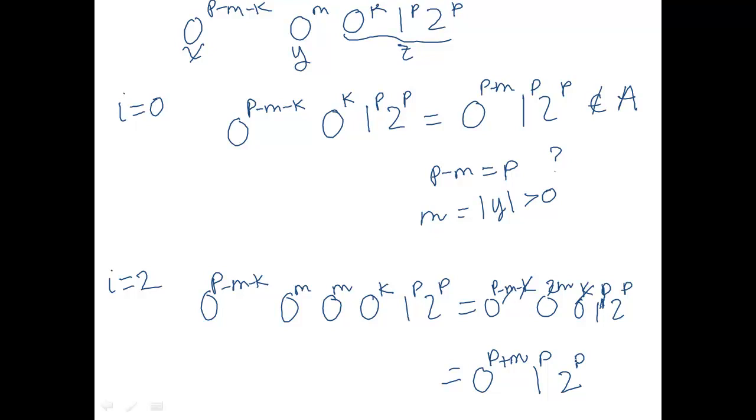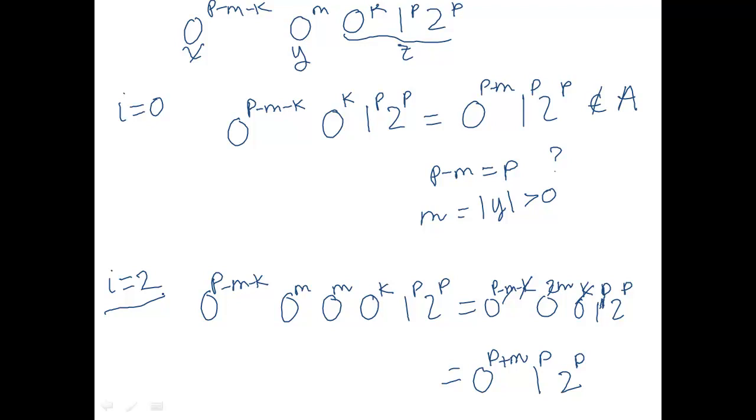Okay, so again, we can more intuitively see what's going on if we consider what I did. The length of y was m, and I pumped it so that it's appearing 2 times. So I get an extra m. y appears 1 time in the original string, it appears 2 times in the pumped string, so I have m more zeros.